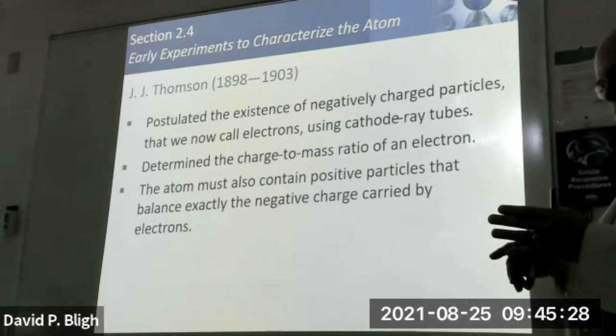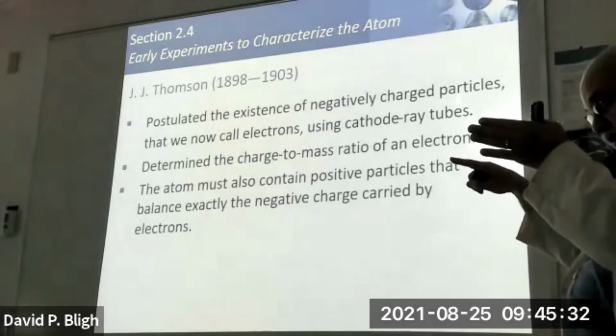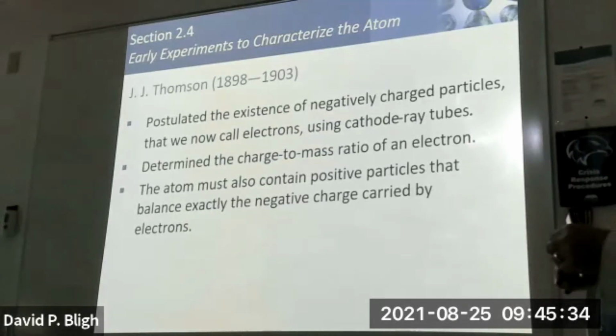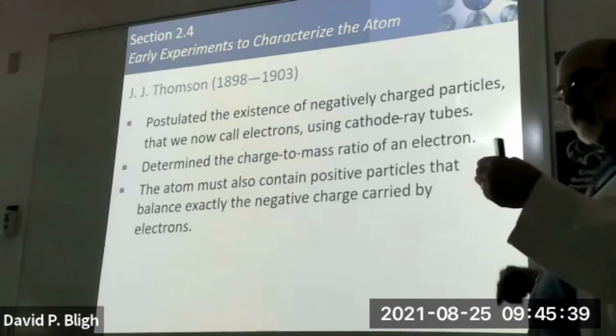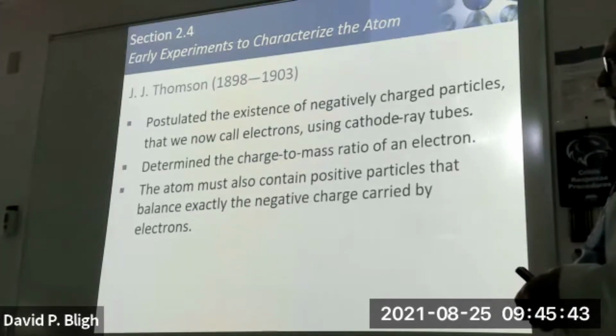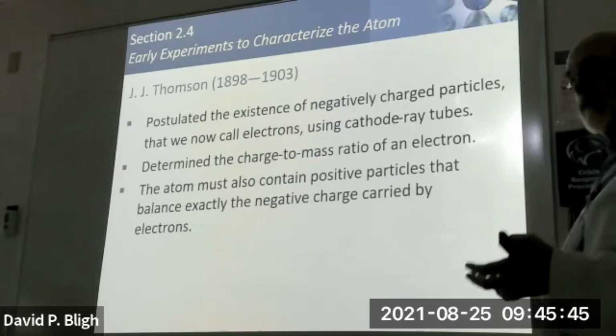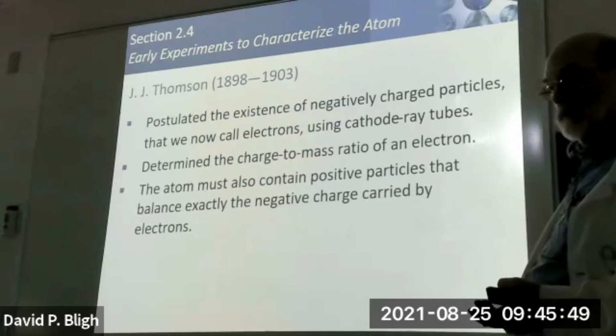And he noted that with just a few gas molecules in there, you could see a stream from one to the other. You could see the cathode ray. So the cathode would emit particles that would end up at the anode. And he determined from his investigations that those were negatively charged particles.